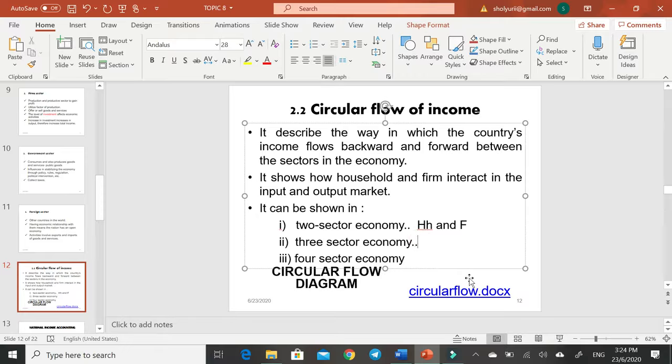It can also be shown in the three sectors economy, which is the relationship between household, firm, and the government. And it can also be shown in the four sectors economy, which is household, firm, government, and the rest of the world.